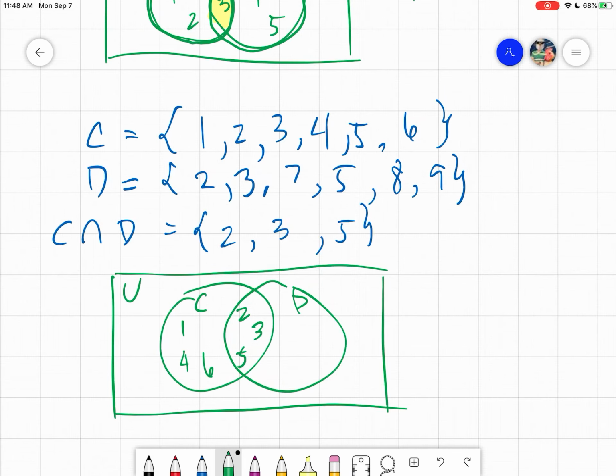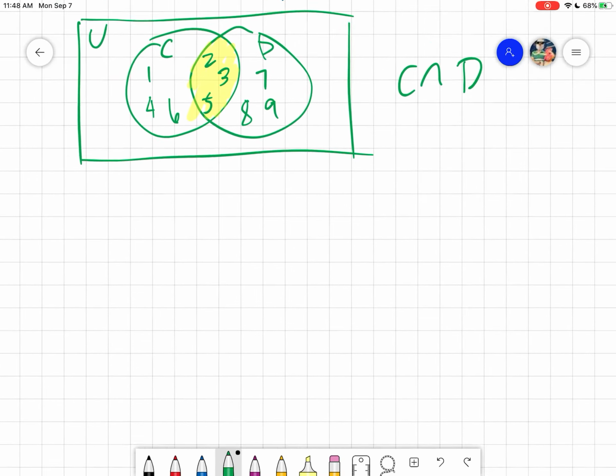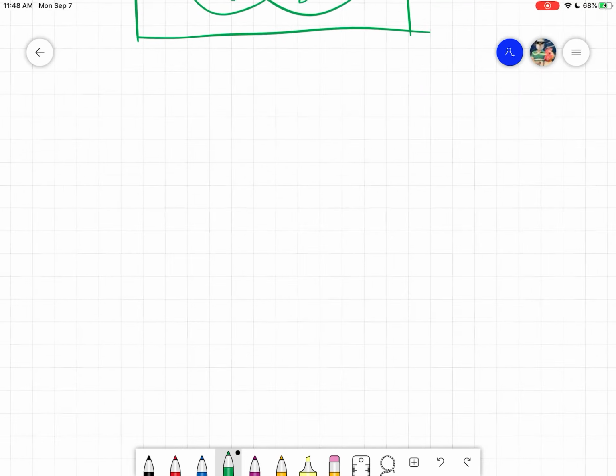And then this one ay mayroong 7, 8, and 9. And again, you shade yung middle part, which is yung common part nila. And this is again denoted as your C intersection D. Okay? Hope that's clear.